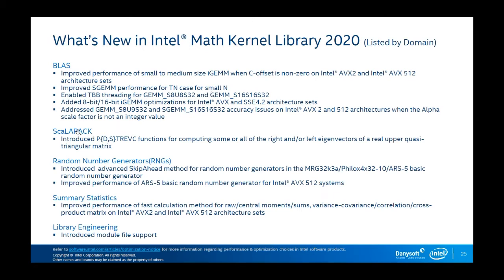From ScaLAPACK, a new ScaLAPACK function is introduced for vector and real upper quasi-triangular matrices. Related to random numbers, another algorithm for generation is included, known as skip ahead, with these methods.